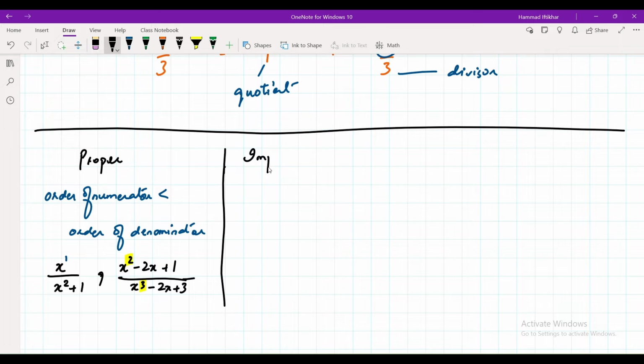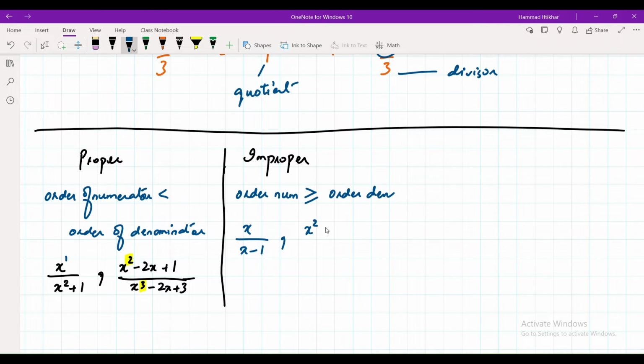For improper, the order of the numerator is either equal to or greater than the order of the denominator. So for example, if this was x over x minus 1, that is also improper.